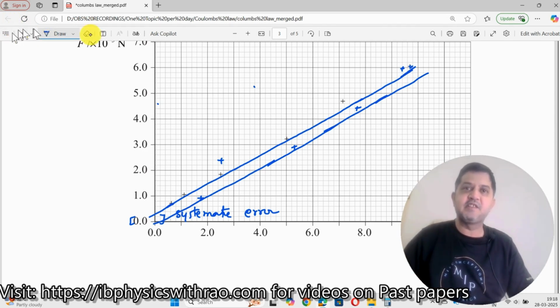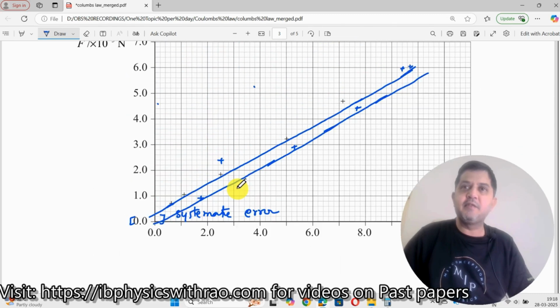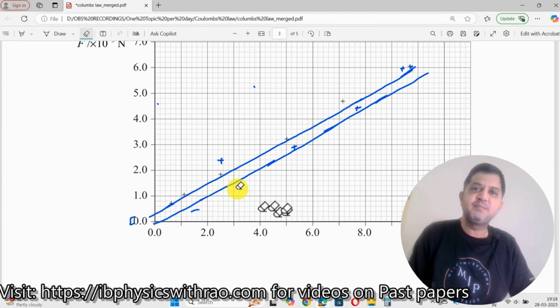Okay. Next, let us move on to the next one. Calculate the gradient of the line drawn in B1. Oh my god, we need to draw. Let me just remove this line so that I can draw a clear line over here, otherwise there will be a lot of confusion.